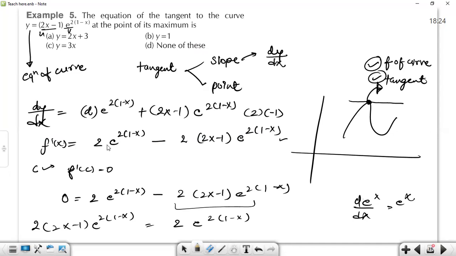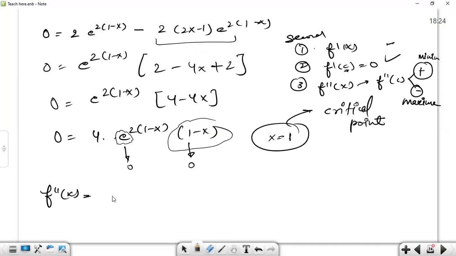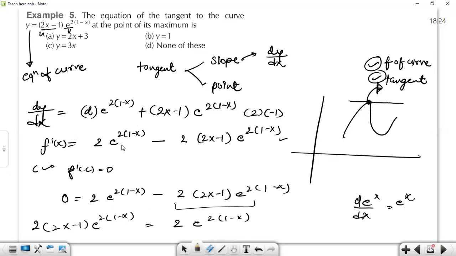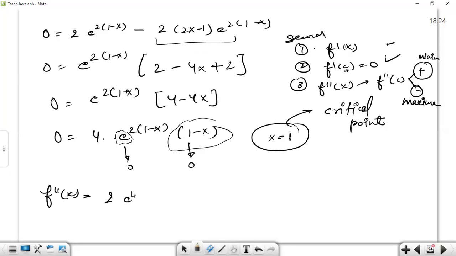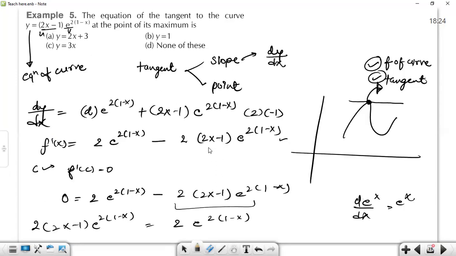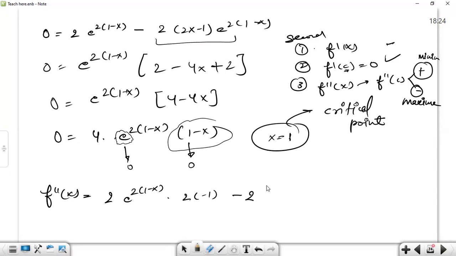Let's take its derivative. The 2 stays as it is, as a multiple. So e raised to 2(1 minus x). It is an exponential function, so it will be the same, into the derivative of this, so 2 into the derivative of this. Now let's discuss the derivative of this 2: this is u, this is v, minus 2.